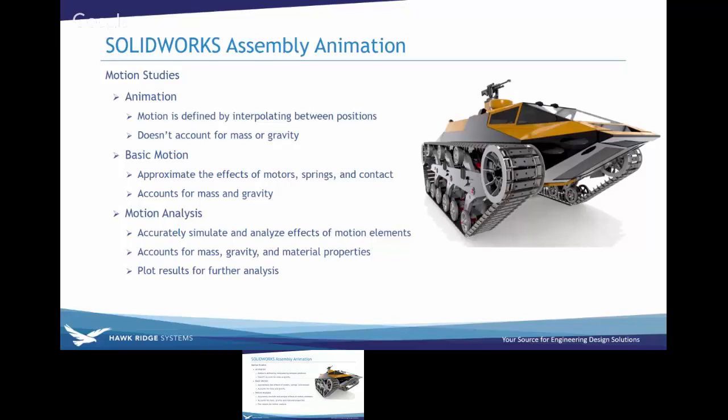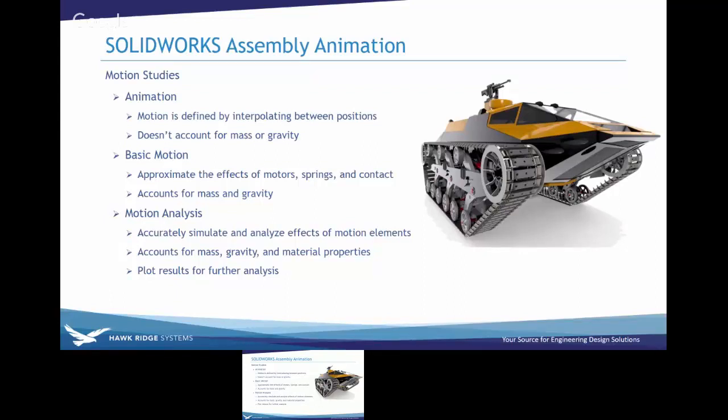It's really just strictly animating some kind of change. Basic motion will approximate the effects of motors, springs, and contact. So it's going to give you a more realistic simulation of actual movement than an animation study would. And it does account for mass and gravity, but it is still an approximation.